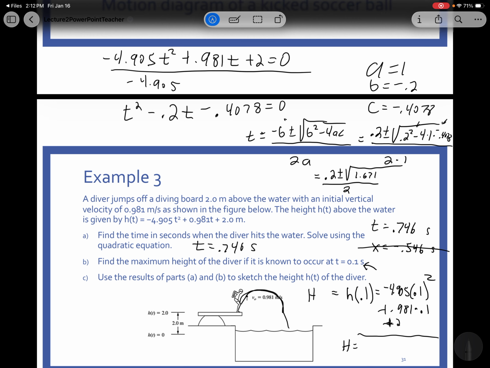So when we enter all of this into our calculator, we should get 2.05 meters. That is the maximum height that the diver will reach. And again, if we look at it, it'll be at this point right here.